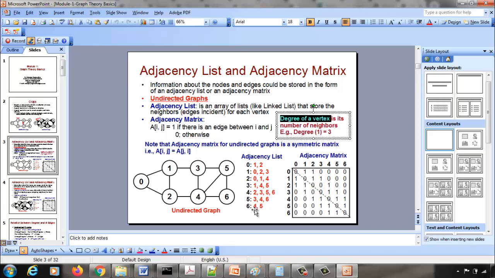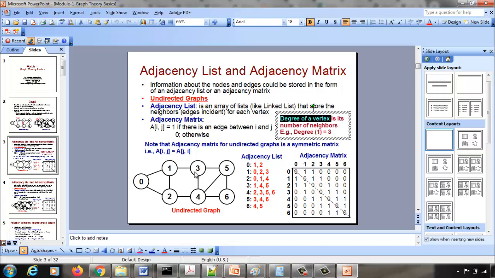Now, the adjacency matrix is another way we can store information about a graph. Typically it is a binary matrix, but if you have weights for the edges, the edges could also have weights representing some level of importance for that edge, or something that captures the information about the edge.